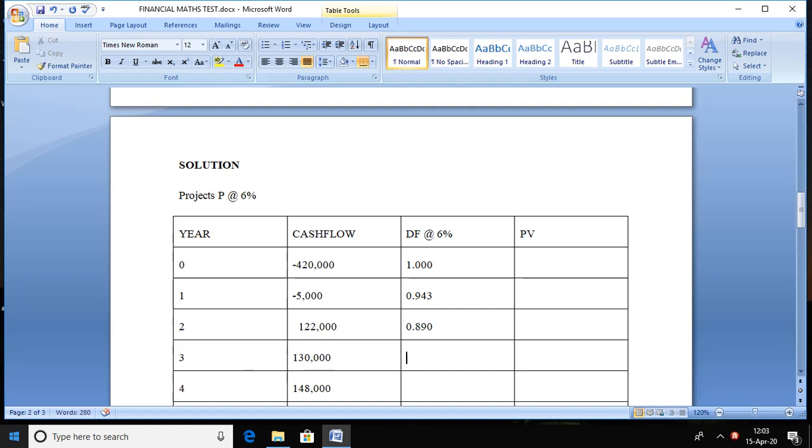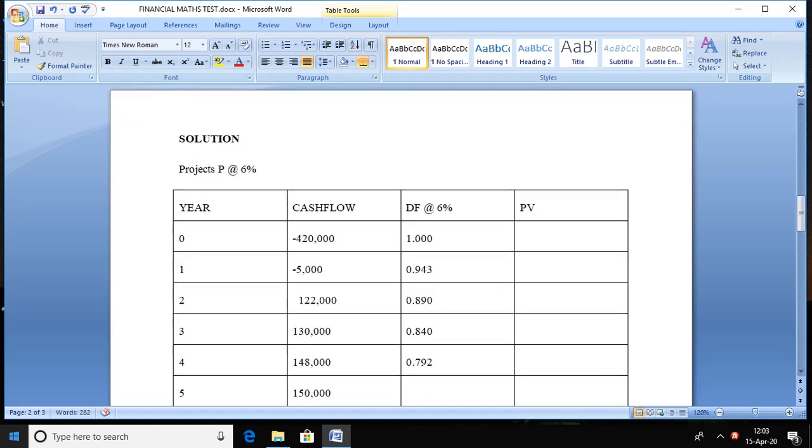The next one is 0.840. The next one is 0.792. The last one is 0.747. Where am I getting all these values? Just from the present value tables.